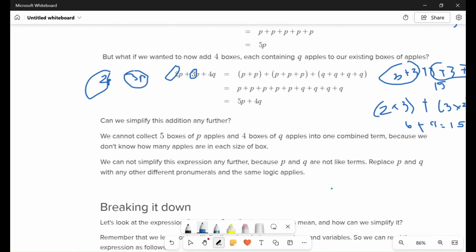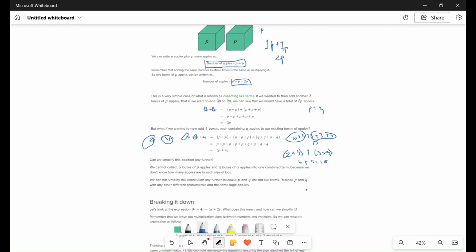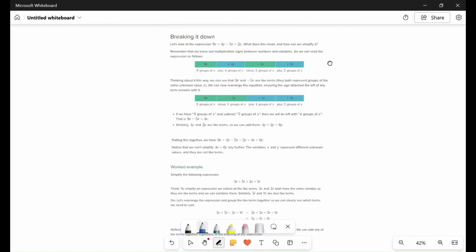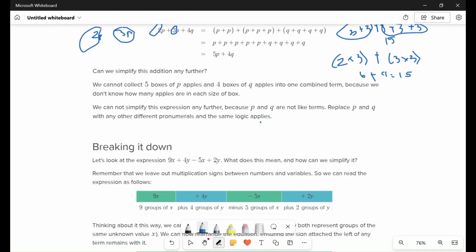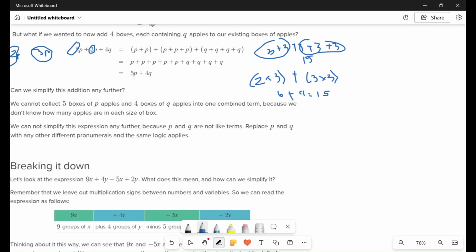Replace p and q with any other pronumerals and the same logic applies. So this is known as like terms. The definition of like terms is that the variables are the same, so you can combine 2 terms with the same variables. 2 algebraic terms are called like terms if they have exactly the same combination of variables.